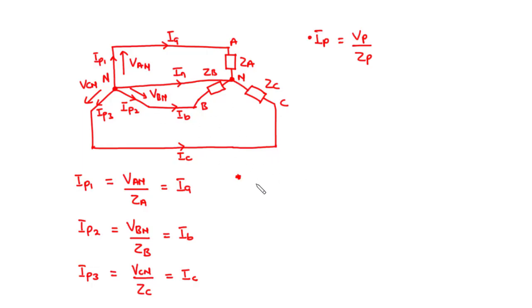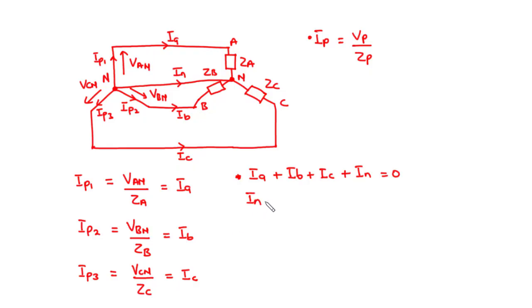So from KCL, we have Ia plus Ib plus Ic plus In equals 0. Now notice that if the load was balanced, then we have no current in the neutral line. However, since the load is unbalanced, we have some current flowing through the neutral line. So we need to find that current.